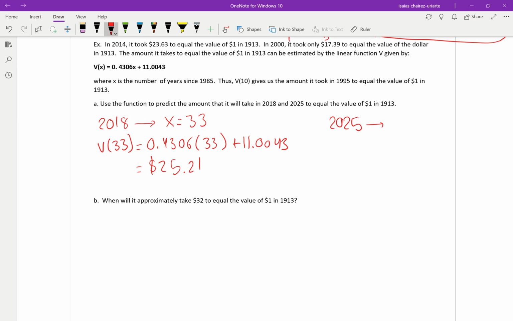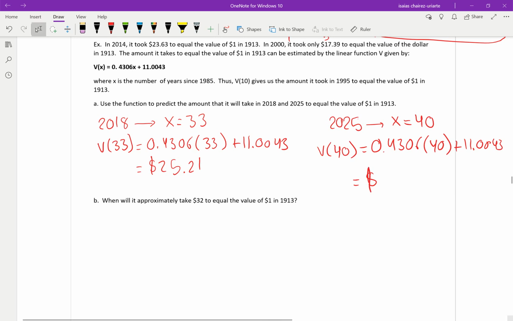Okay, so my x is 40. And right now what we gotta compute is v of 40. Well, that's going to be 0.4306 times 40 plus 11.0043. Let's see what we get.